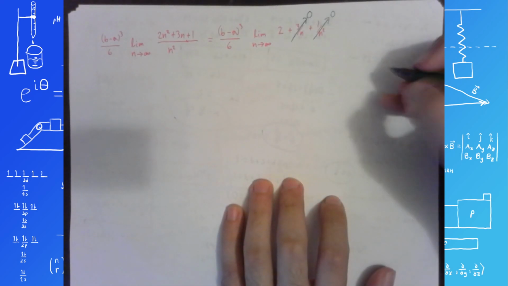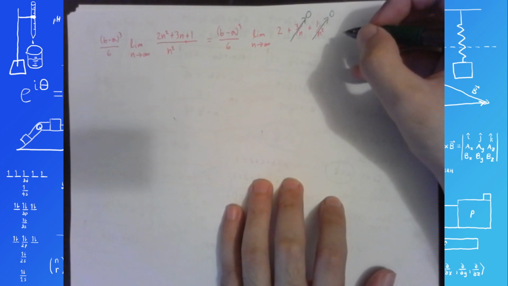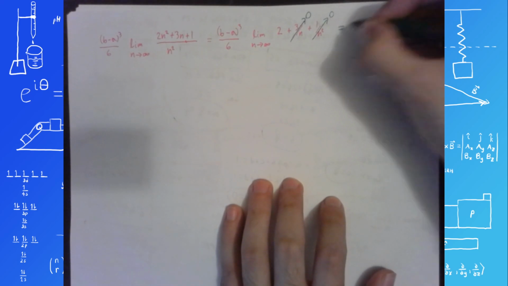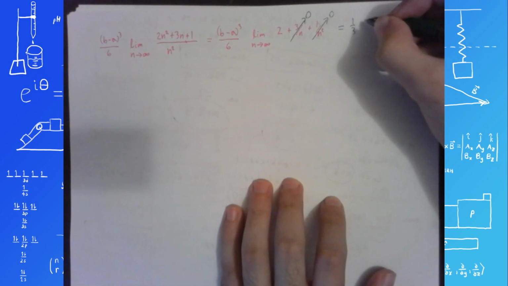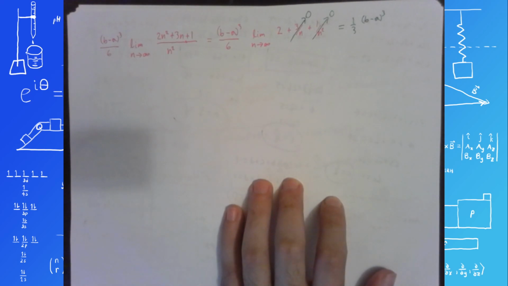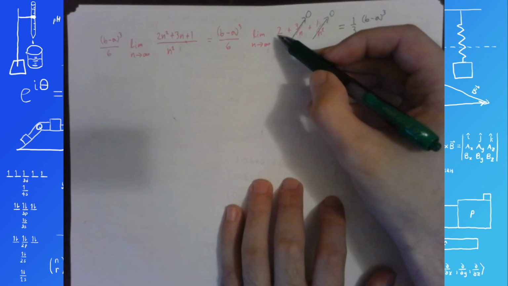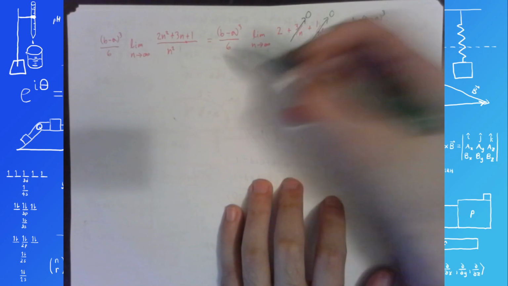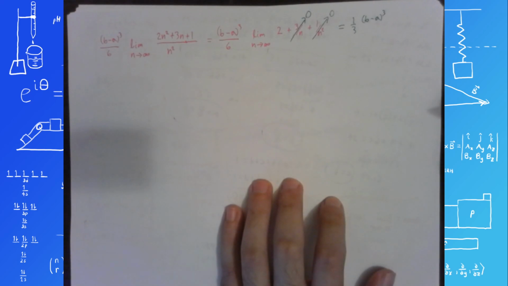So 2 over 6 gets you 1/3 times (b minus a) cubed, right? 2 times (b minus a) cubed over 6. That all works out.